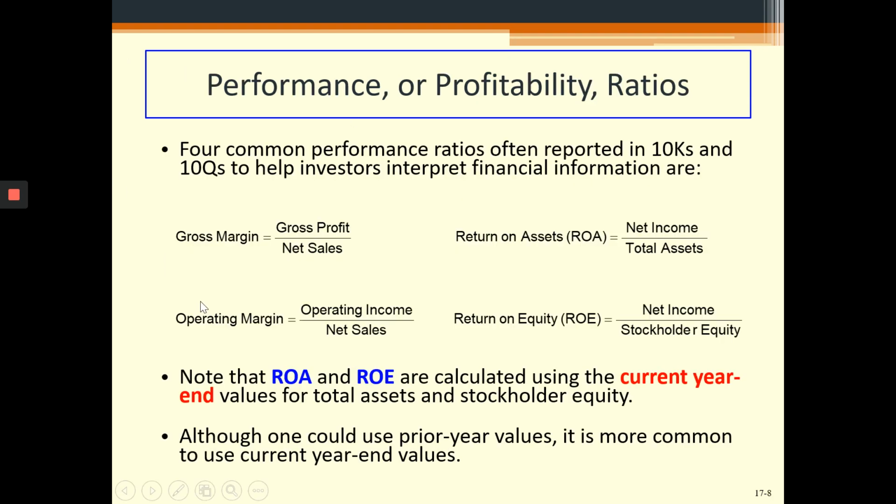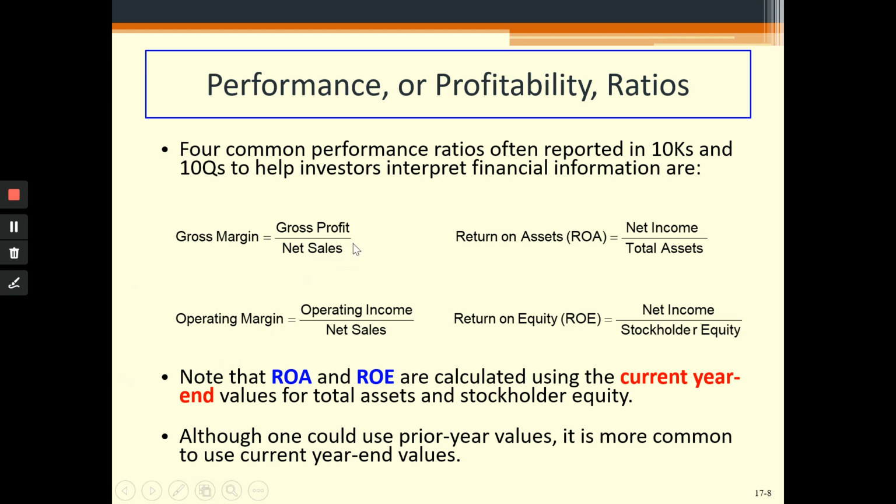Now we have a few important ratios, and we can use the information from the company's annual statements to generate these ratios. So gross margin is the gross profit divided by the net sales.